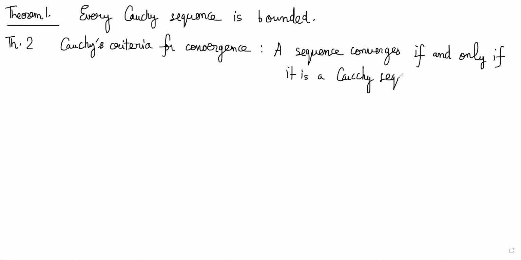So every time any sequence was converging, it must be a Cauchy sequence. And if you have a Cauchy sequence, it will converge. Both sides are true. So if you can prove that the given sequence is a Cauchy sequence, then it will converge. That is one important application.